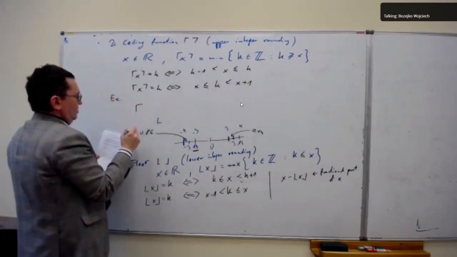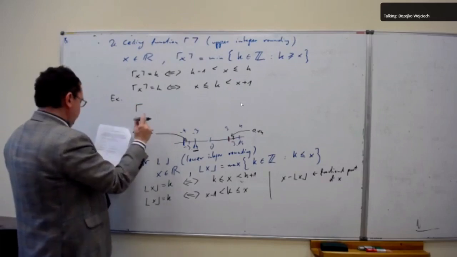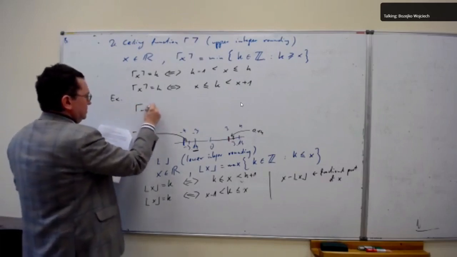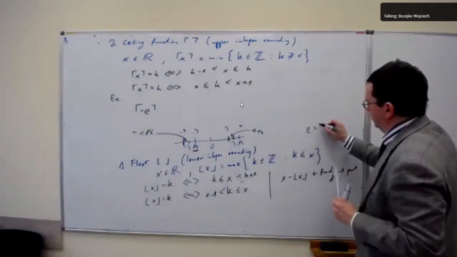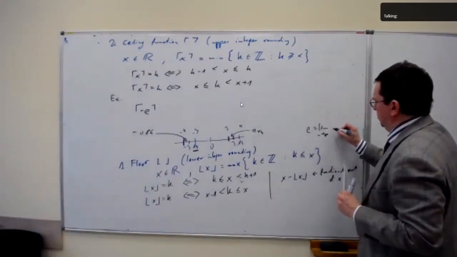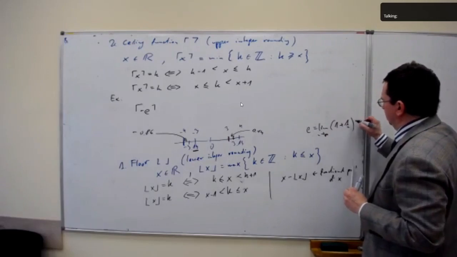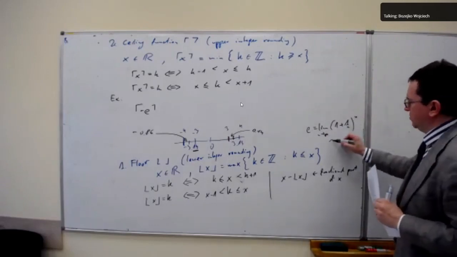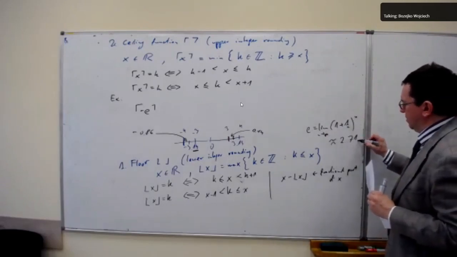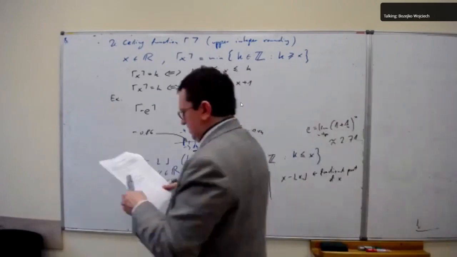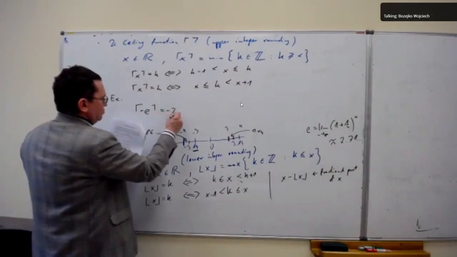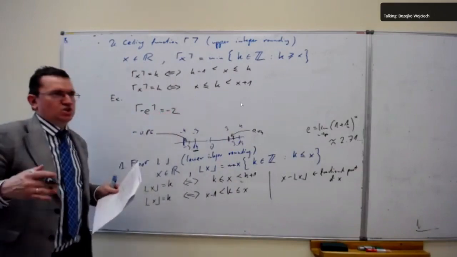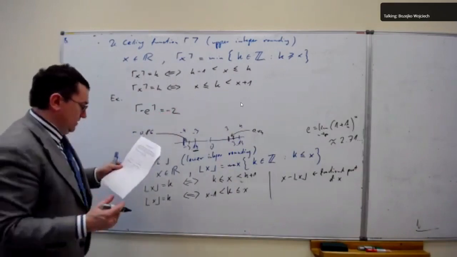And then examples. For example, the ceiling of minus e. This is the limit of (1 plus 1 by n) to the power of n, and this is approximately 2.71 something. So if we take it from minus e, this will be minus 2, because this is the nearest greater integer.